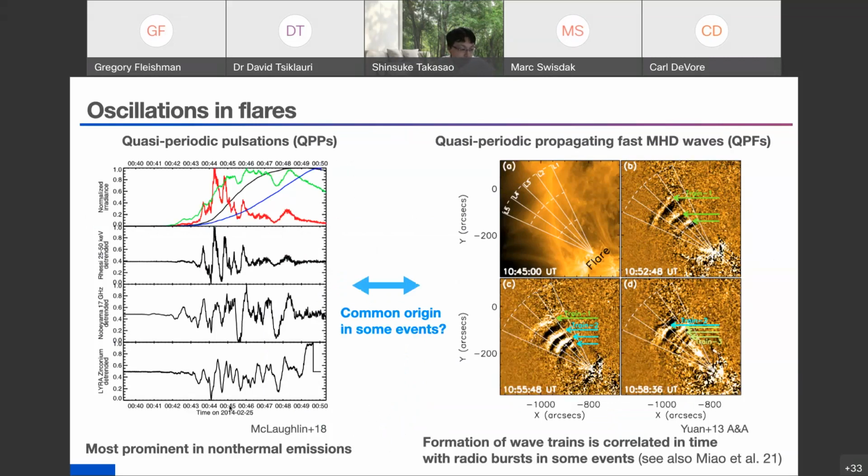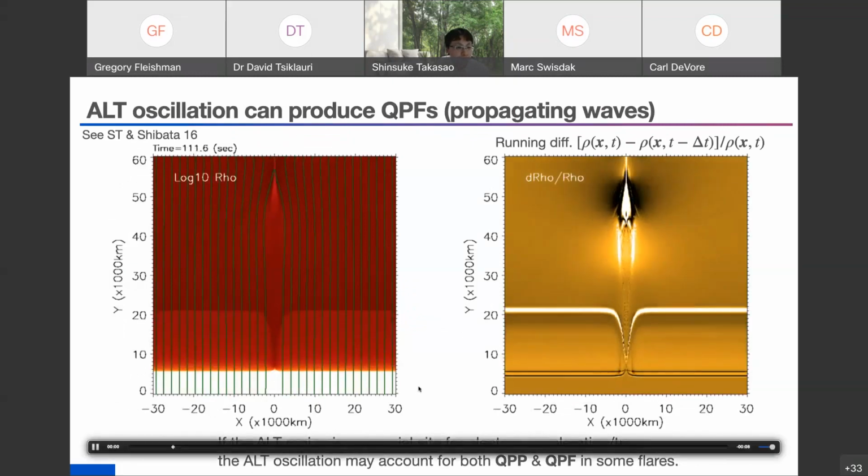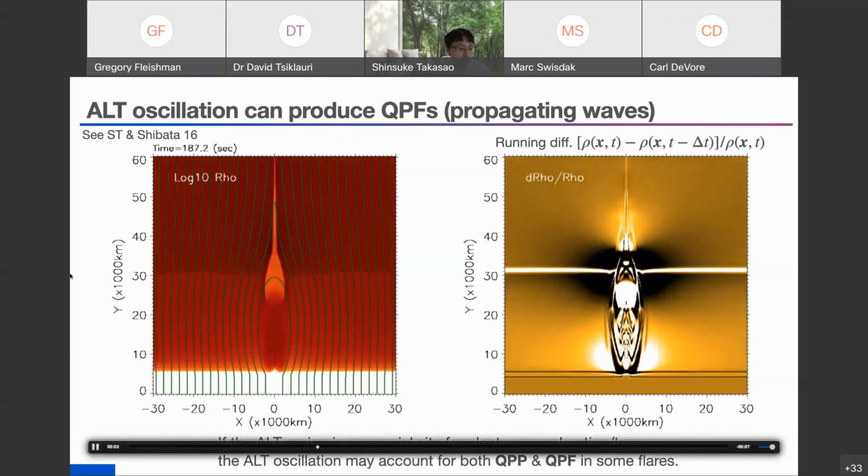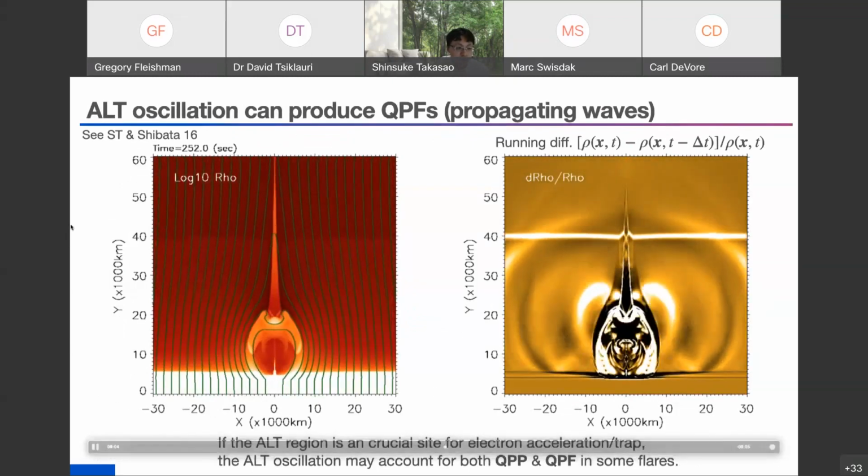We often see these kinds of oscillations in many flares. And is there a common origin in some events? Which would be the natural question. And our estimation suggests that they may have a common origin.